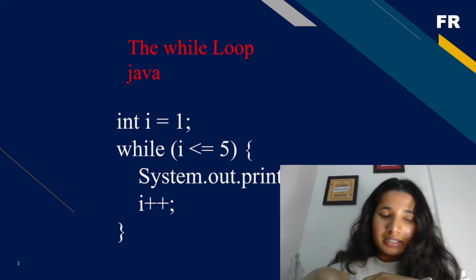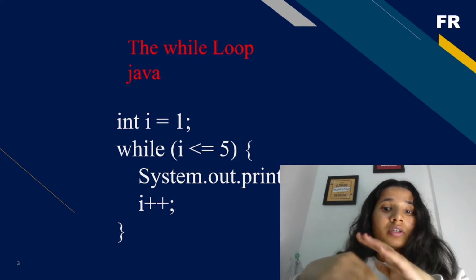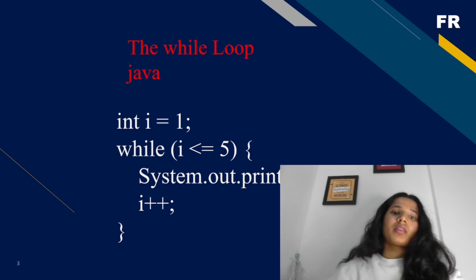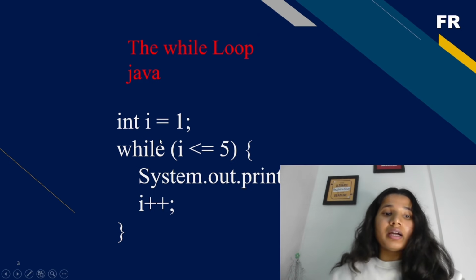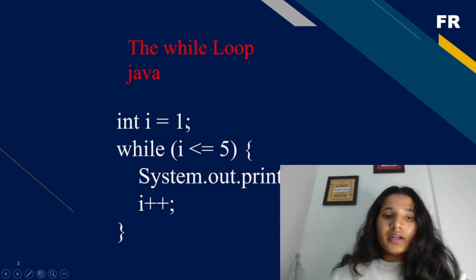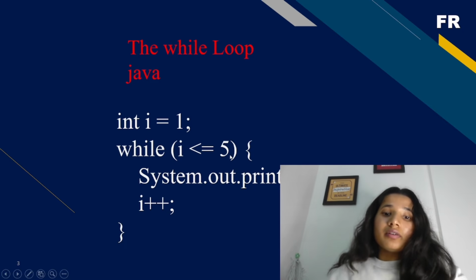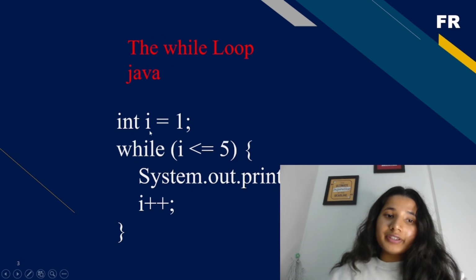See, initialize i equal to 1, while i less than or equal to 5, then only print System.out.println(i), then i plus plus. If i is less than or equal to 5, then only it prints and increments. This is the while loop.